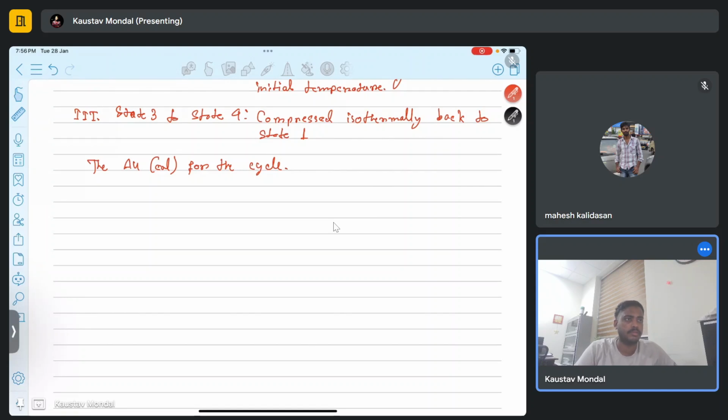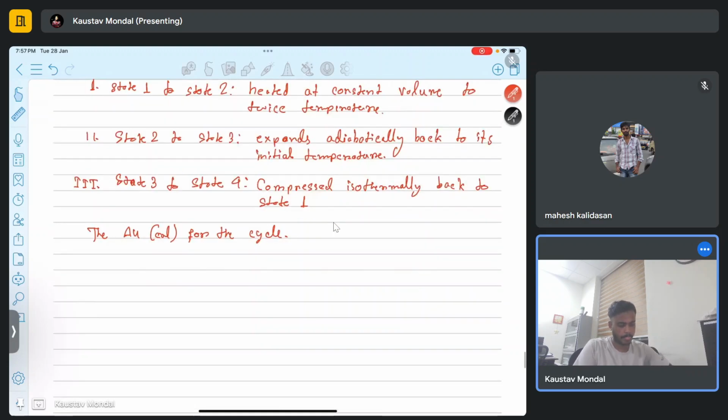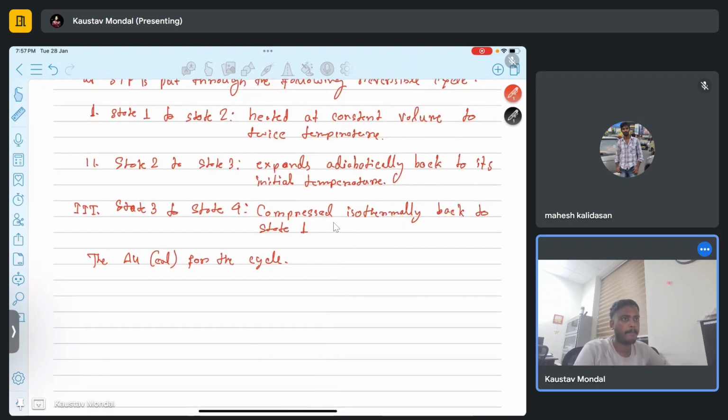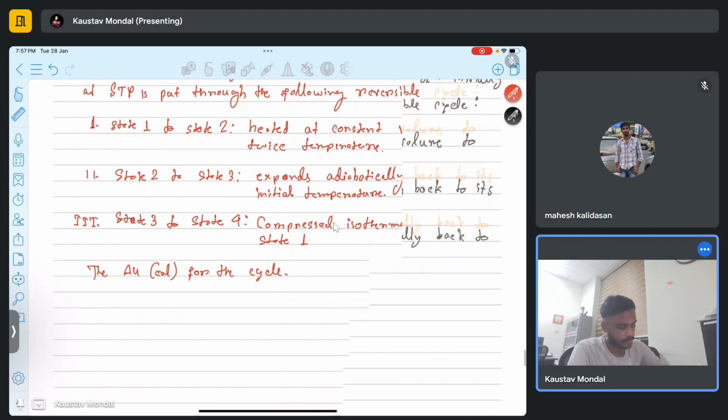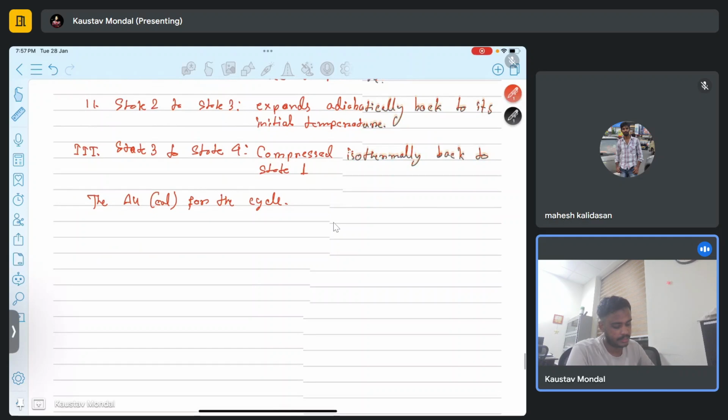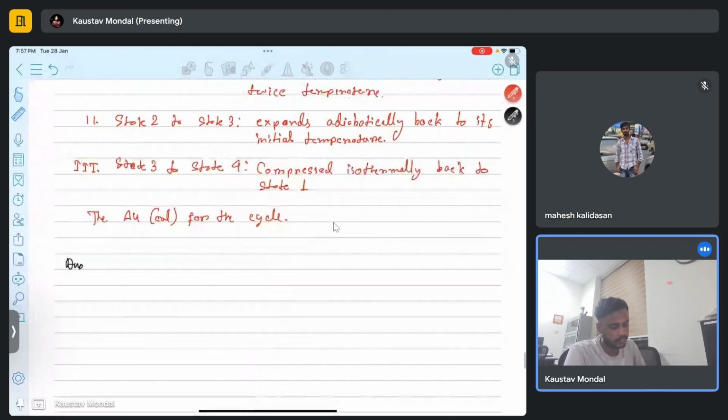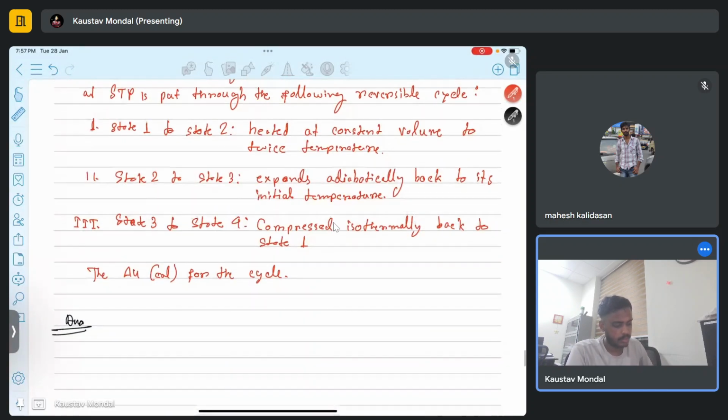Okay, so let's do it. There is a very simple way you can also solve this problem, but I'll come to it a little later. First thing is that temperature is changing.